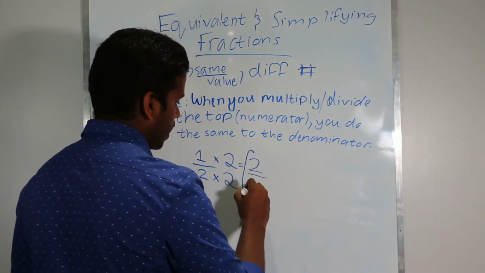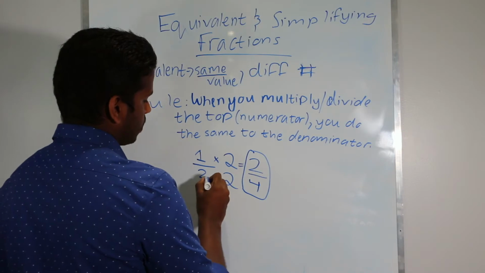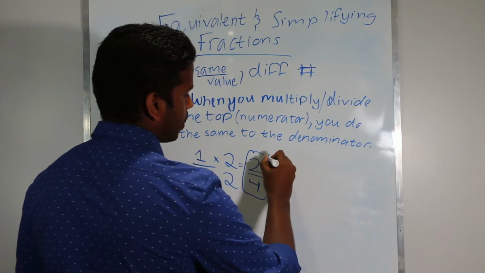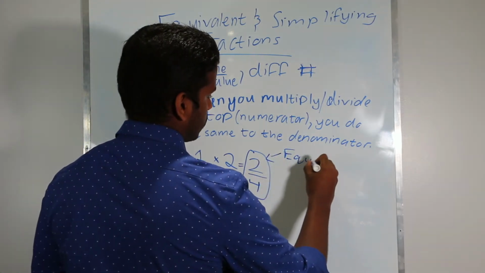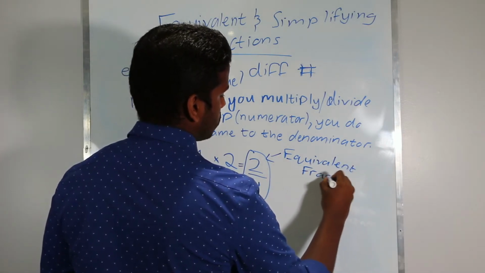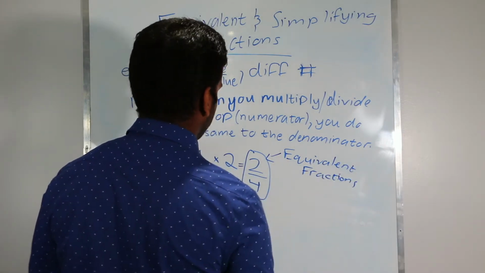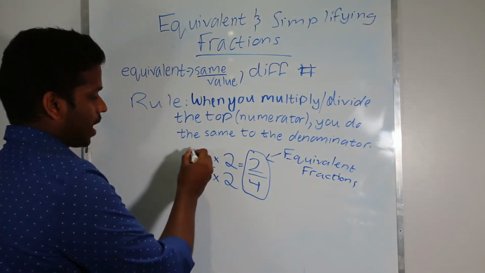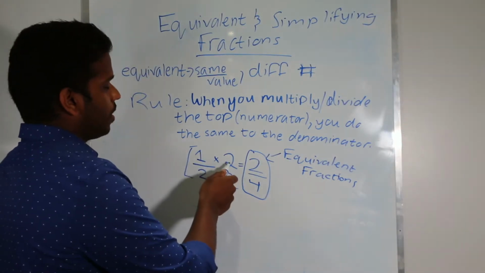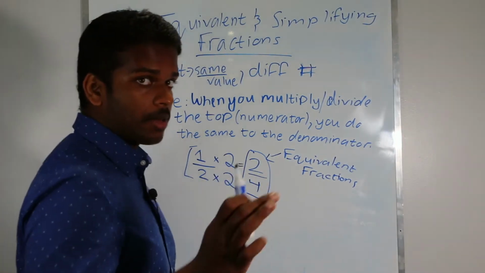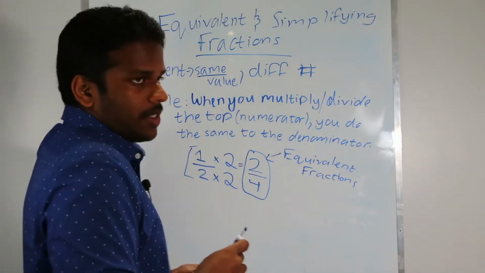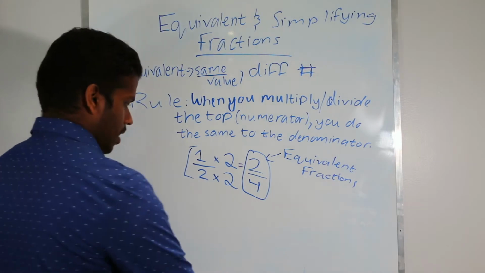And when you multiply the top and bottom by the same number, you get an equivalent fraction. That's just one thing to know. So if on a test they ask you to find an equivalent fraction, and you multiply the numerator and the denominator by the same number, then you will get an equivalent fraction. That's the typical rule of fractions.